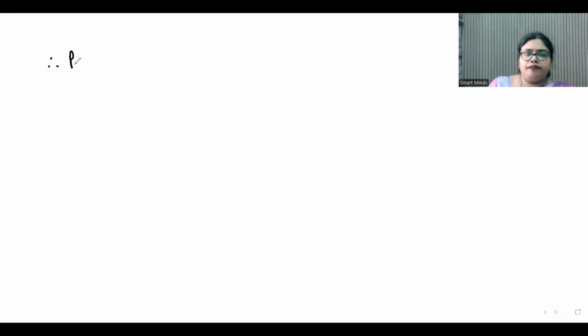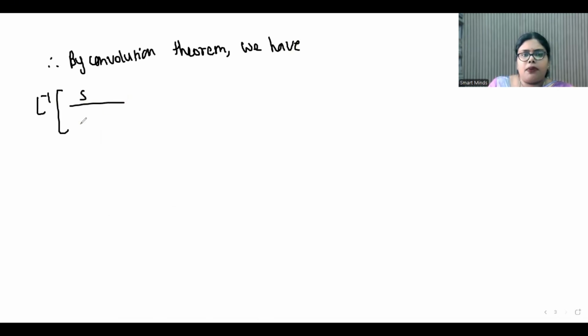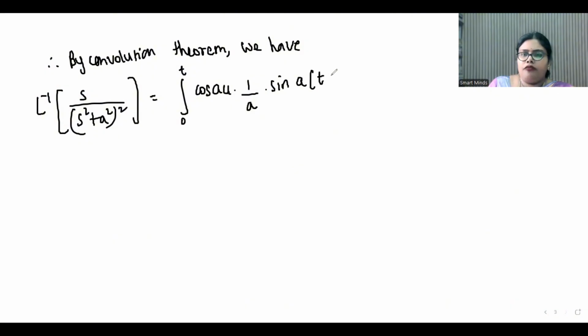Therefore, by convolution theorem, we have L inverse of s by s square plus a square whole square is equal to integral 0 to t cos au into 1 by a sin a of t minus u du.